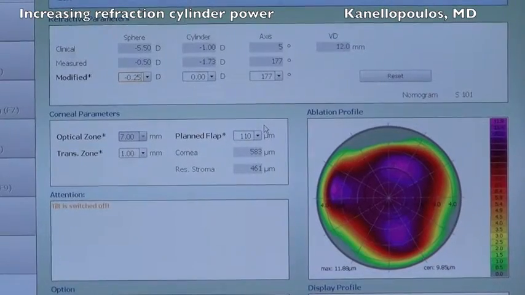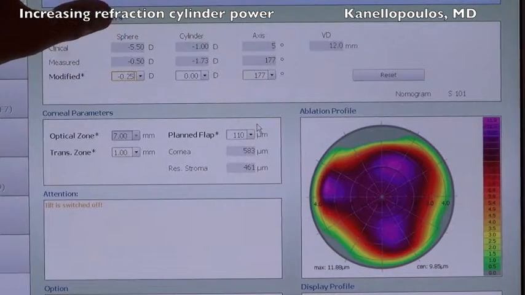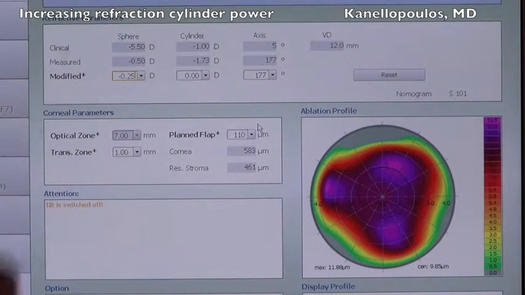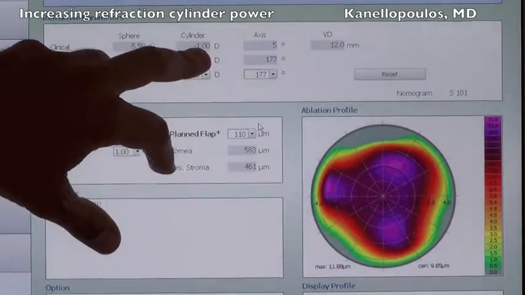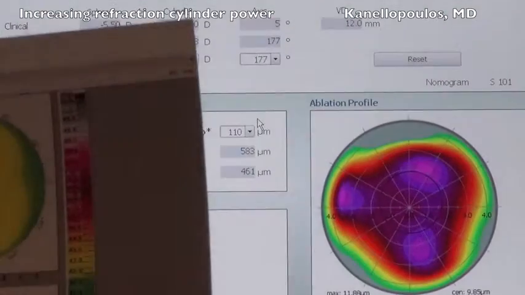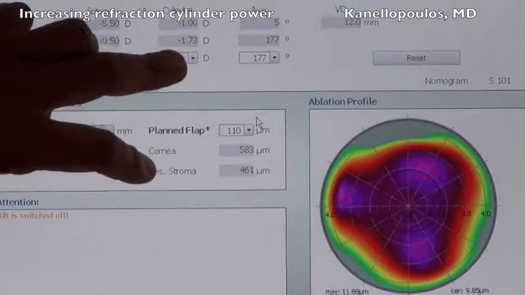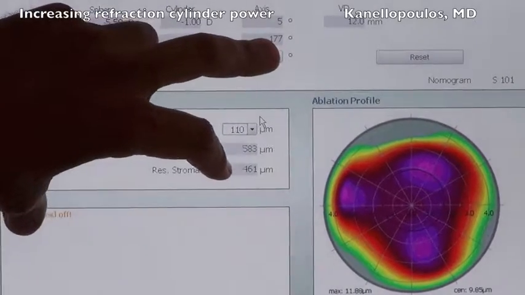The sphere here is clinically measured to be minus 5.5 with astigmatism of 1 diopter at 5 degrees. The topographer says differently. It wants to correct minus 1.73 diopters at 177 degrees.